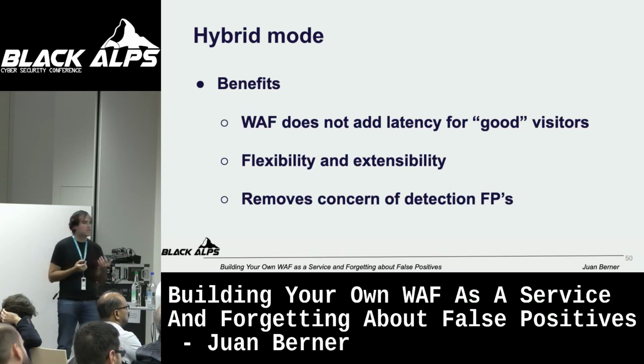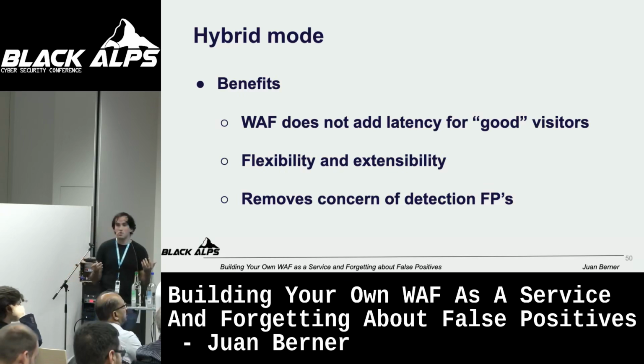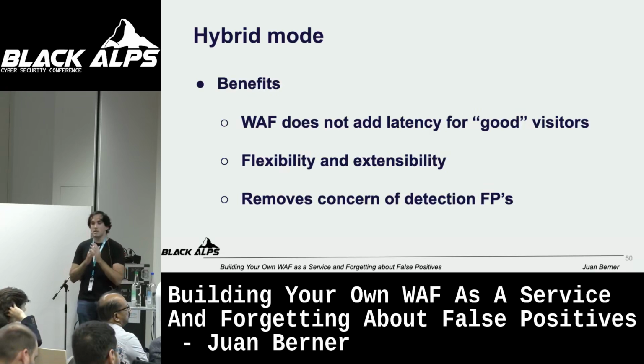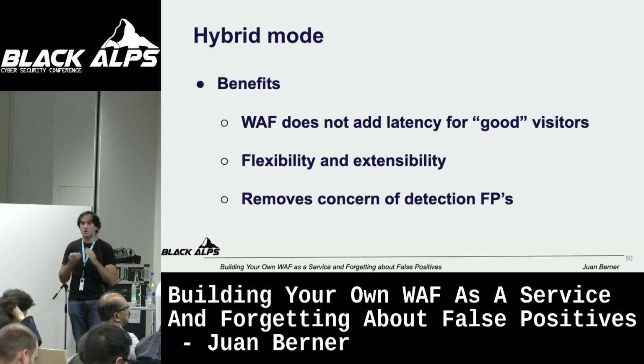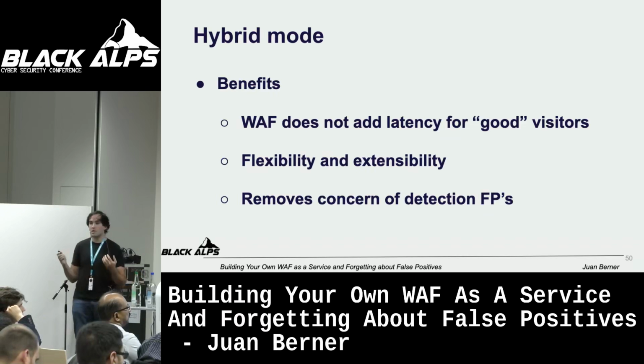So this is pretty much the hybrid mode. In a way, it has the benefit of not adding latency to the good visitors, since every time there's a request, it checks: is this a request which I think is malicious? And in those cases, if it's not malicious, it's not going to add latency. Then you have the flexibility and extensibility, which is great, because you don't have to start thinking about having several different security components.